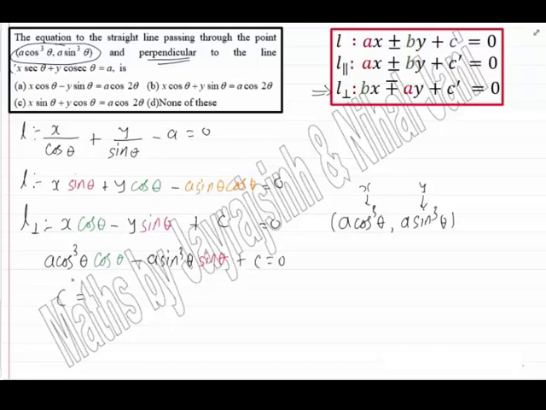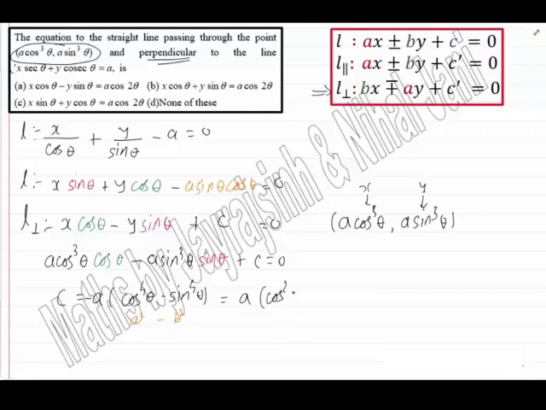So we can say basically c will have a common a, or we can say let's also take the minus common. So cos raised to 4 theta minus sine raised to 4 theta. Okay, let's use the formula of a square minus b square. It is actually a minus b and a plus b, right?